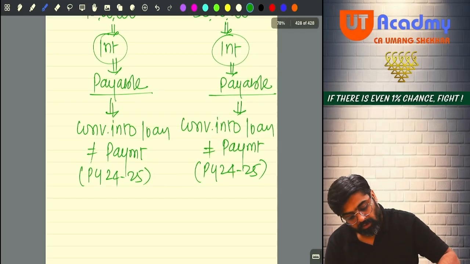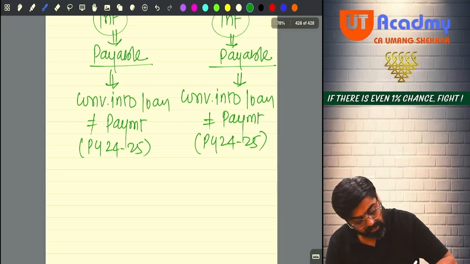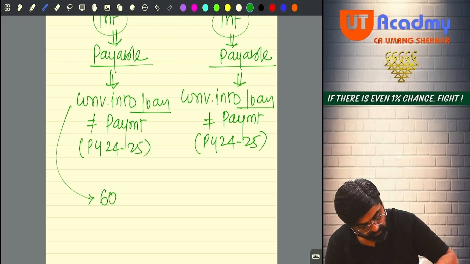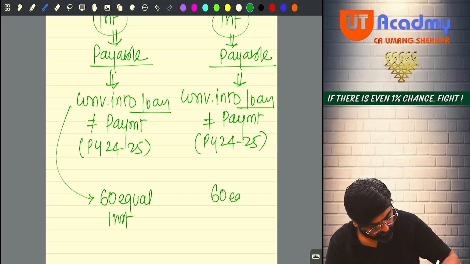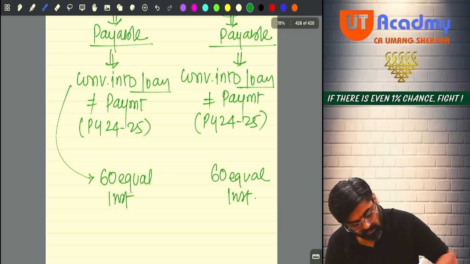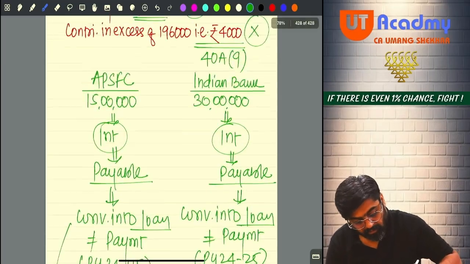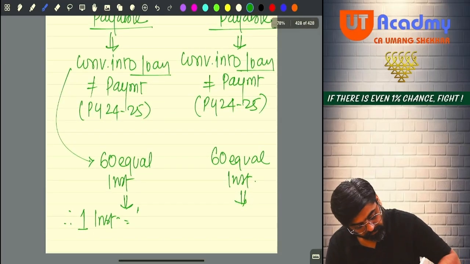Now, this amount which got converted into loan has to be repaid in 60 equal installments. So, one installment is how much? 15 lakhs divided by 60.